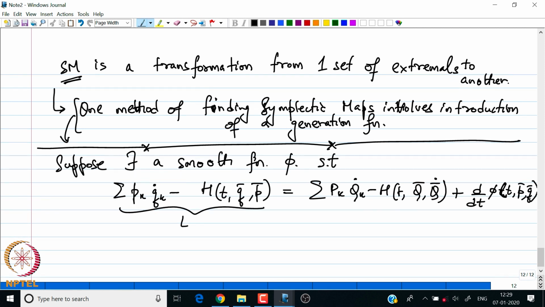So suppose such a phi exists. This is my Lagrangian L hat.